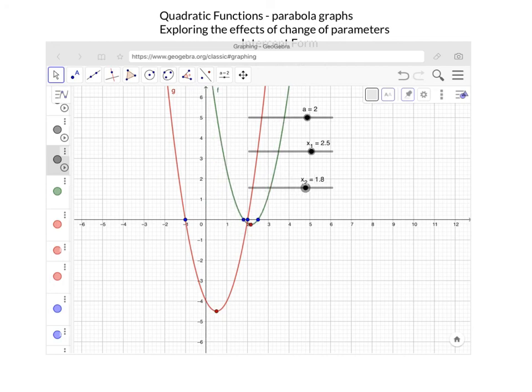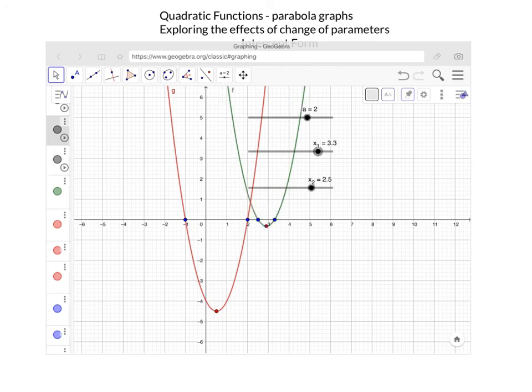That means the intercepts are equal. That is very important and interesting. When they are equal, that will be the turning point. So that is a key understanding.